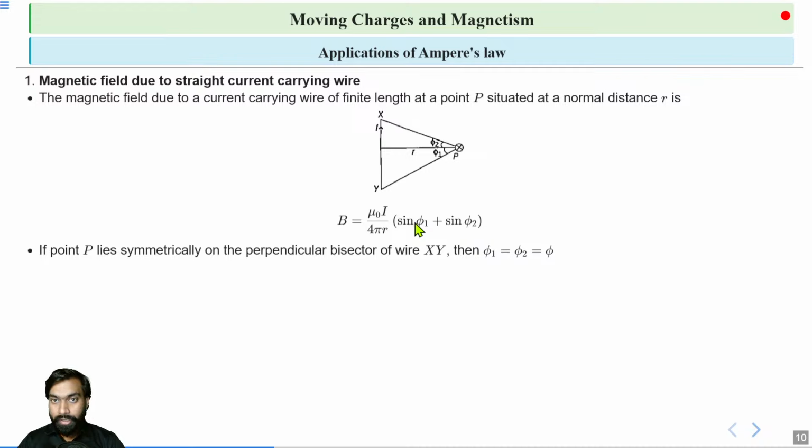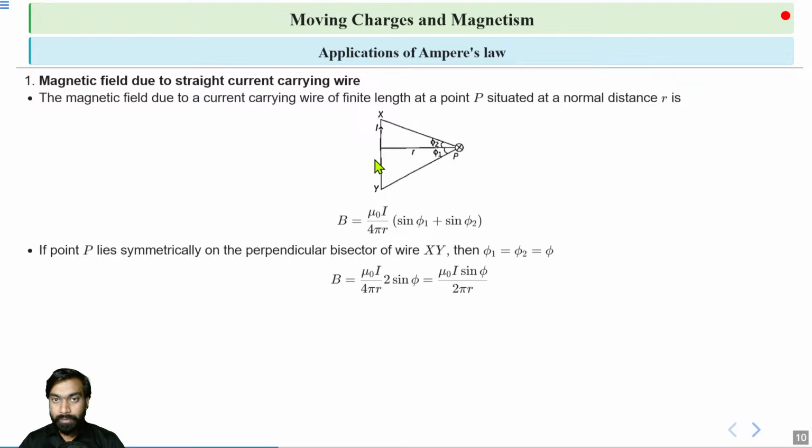Symmetrical point on perpendicular bisector: if the point P lies exactly at the midpoint of the wire, on the perpendicular bisector, symmetrically placed, then the angles are equal, phi 1 equal to phi 2 equal to phi.